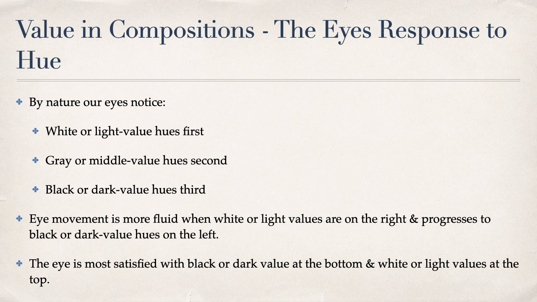The eye's movement is more fluid when white or dark values are on the right and progresses to black or dark values on the left. The eye is most satisfied with black or dark value at the bottom and white or light values at the top.